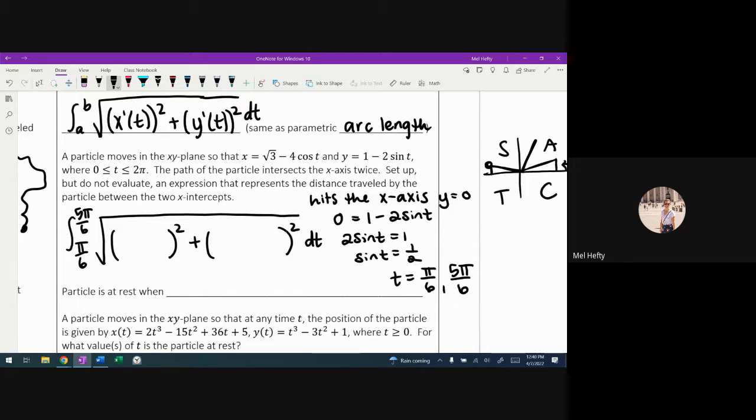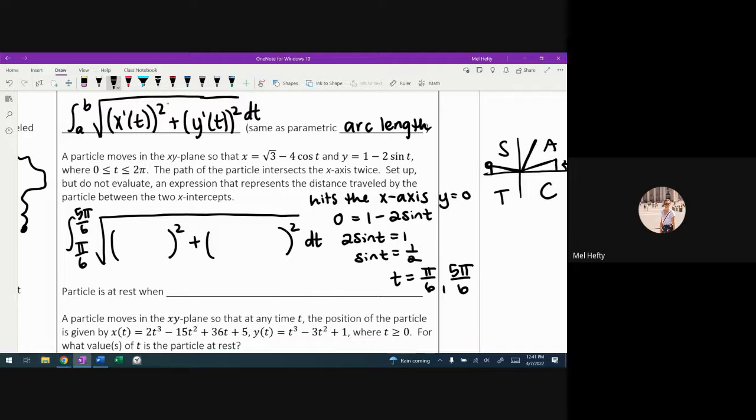All right. I need x prime and y prime. Please help me. What is the derivative of square root of 3 minus 4 sine t? Is the square root of 3 going to do anything to the derivative? No. So what's the derivative of just cosine then? Negative sine.